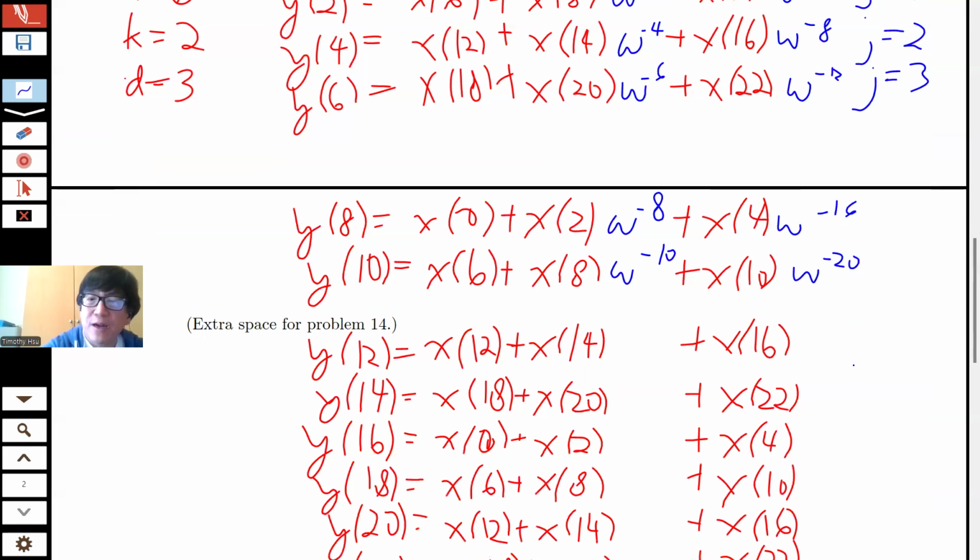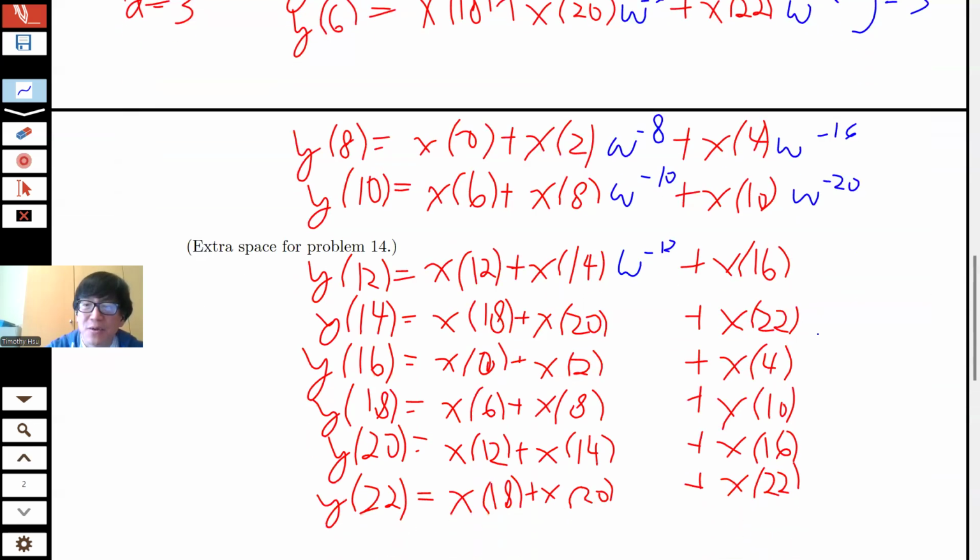All right, great. We're halfway, and now we have omega to the minus 24. And omega to the minus 24, remember, is 1. And so there's actually no twiddle factor here for this element.